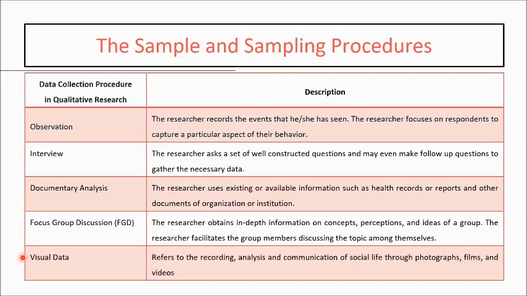Okay, so ma'am, meron ako napanood na documentary. So, may connection siya or it can help my research. Pwede ko po ba siyang isama? Yes. That is under visual data. Okay? So, these are the different procedures in gathering data or in collecting data in qualitative research.